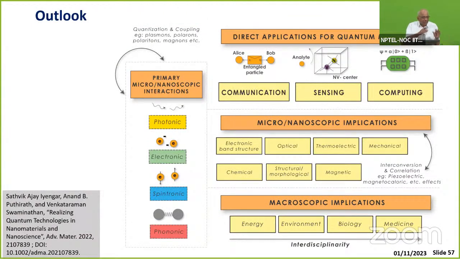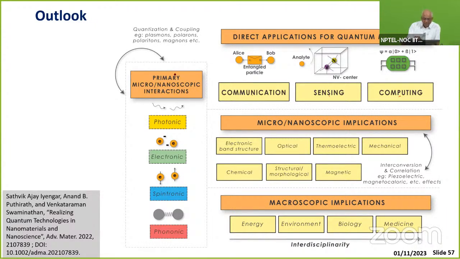All right, so I gave you some really important technological consequences of what quantum materials can bring. So an outlook: direct applications of quantum materials, you can have communication, sensing, computing.